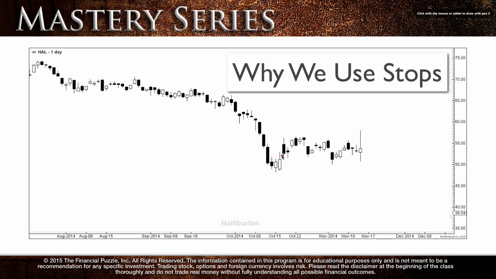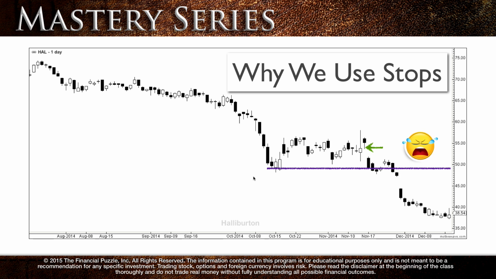Let's take a look at this example over here. Notice that Halliburton has sold off and is starting to establish a support level down here. If you take a trade like this, you might look at it establishing support and think, this is my trade. This is the one that's going to go up and make me a lot of money. In fact, I think it could go up $20 or $30 a share. So you go out and buy a few hundred shares of Halliburton, and then what happens? Almost as though they're watching for you specifically, the trade starts to sell off.